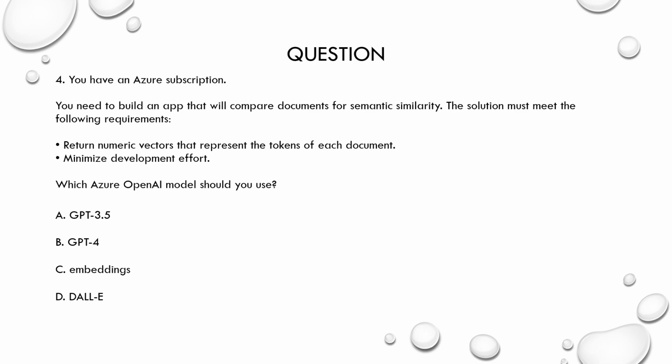The actual text won't be the same, but the meaning will be the same. For example, if I'm asking, how can I fix my laptop? Or another question is, how can I troubleshoot the problem with my laptop? So the meaning is kind of similar, although the exact words are not the same. So if we do a semantic search, both of these documents or both of these lines will pop up. That is what semantic search or semantic similarity is.